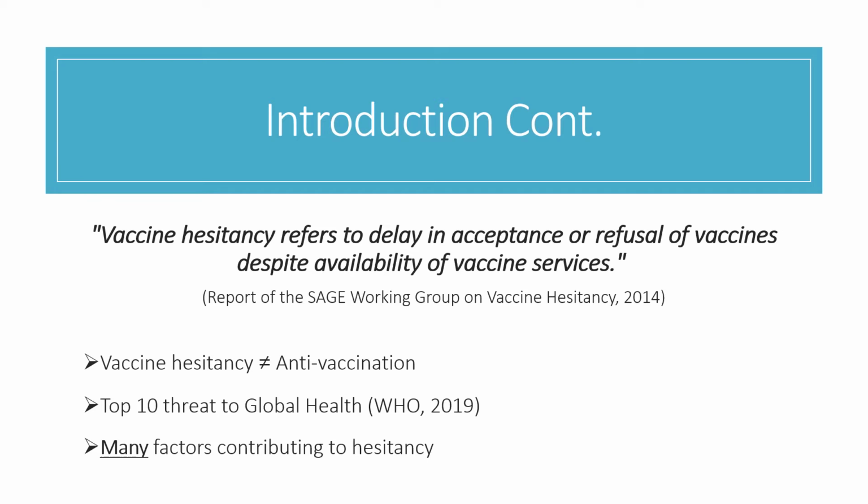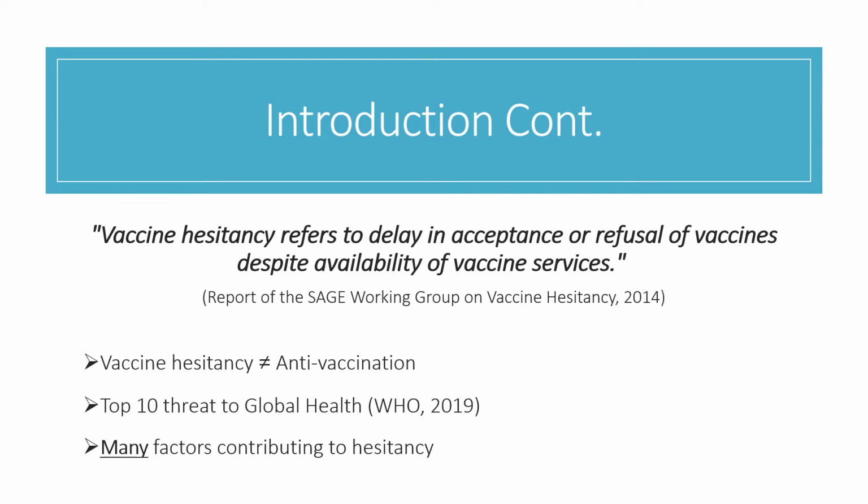They give the definition: vaccine hesitancy refers to delay in acceptance or refusal of vaccines despite availability of vaccine services. So even though vaccines might be available, there are personal reasons why individuals either delay receiving one or refuse one entirely.